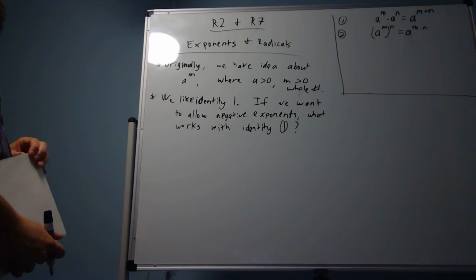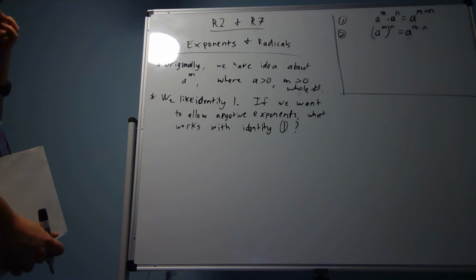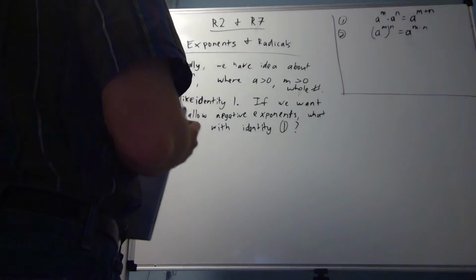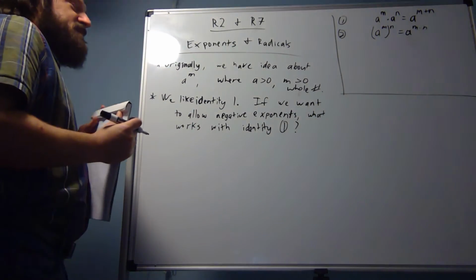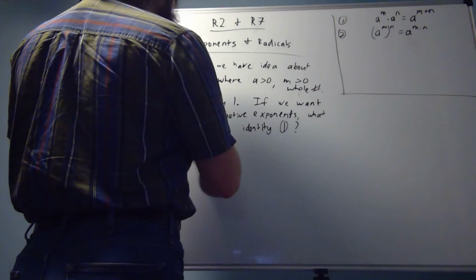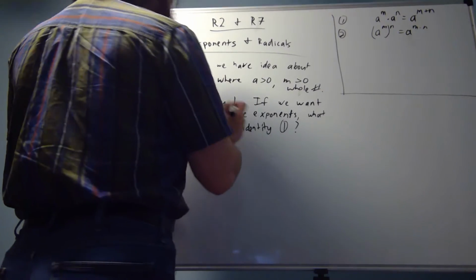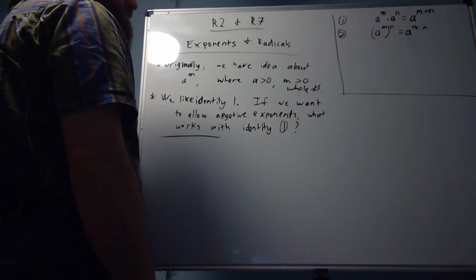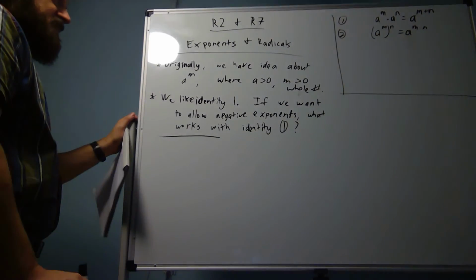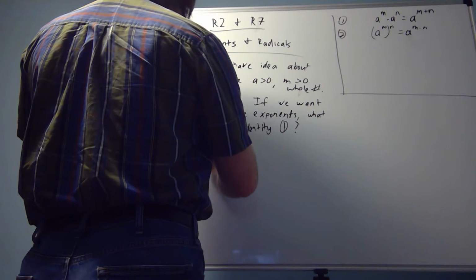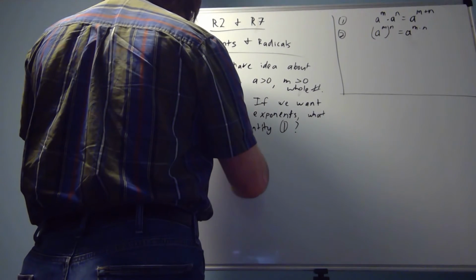What happens when you multiply two different powers of the same base? How do you combine those? What do you get? Well, one thing that's interesting is, let's look at 0 first. 0 is always something you have to stop and think about. So negative exponents are an issue, and then what about 0?